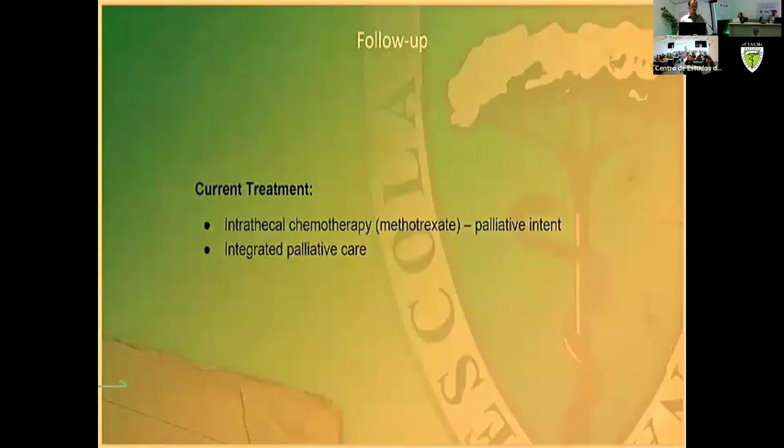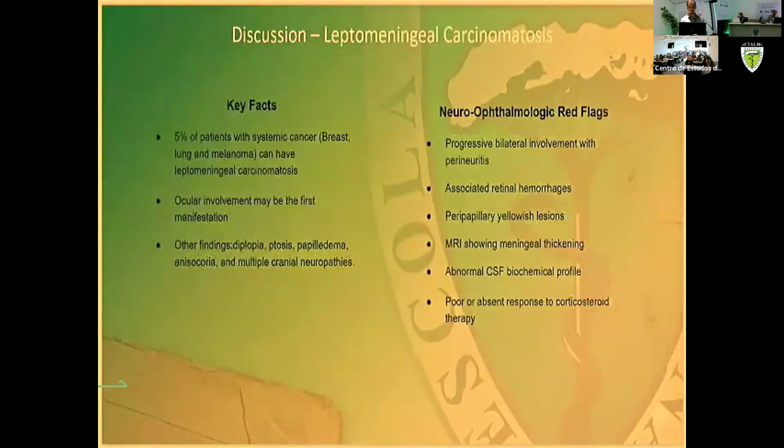For the follow-up of this patient, the oncology team was doing intrathecal chemotherapy with methotrexate, but with palliative intent, and there was also integrative palliative care for the patient. And finally, for discussion about leptomeningeal carcinomatosis, I bring some key facts.